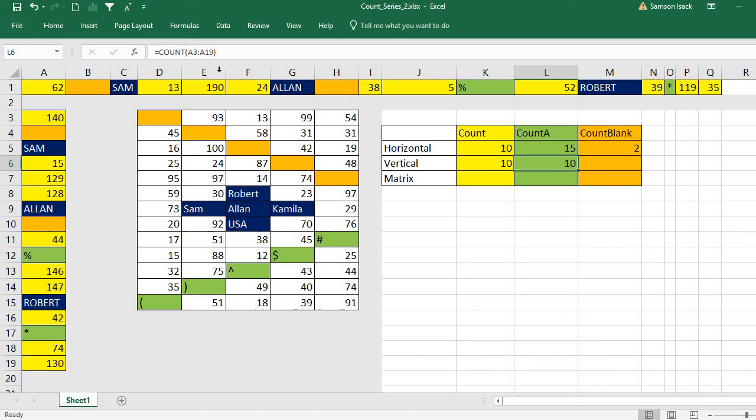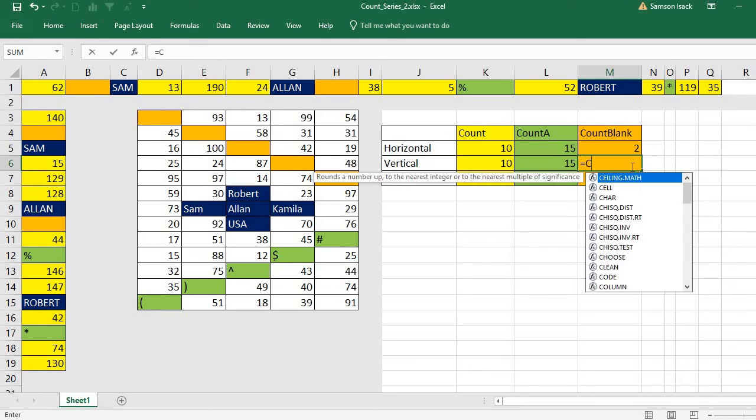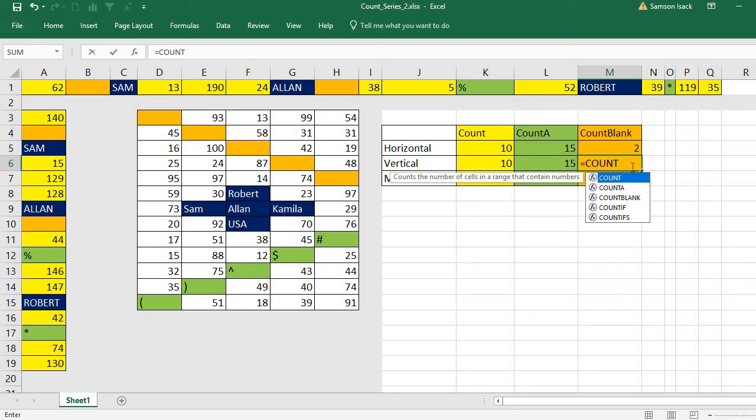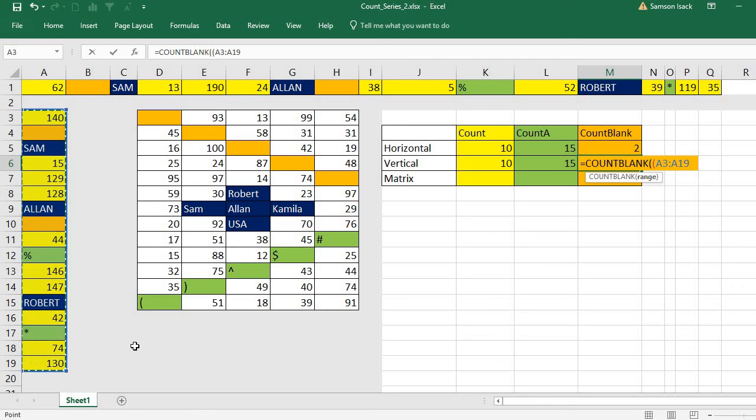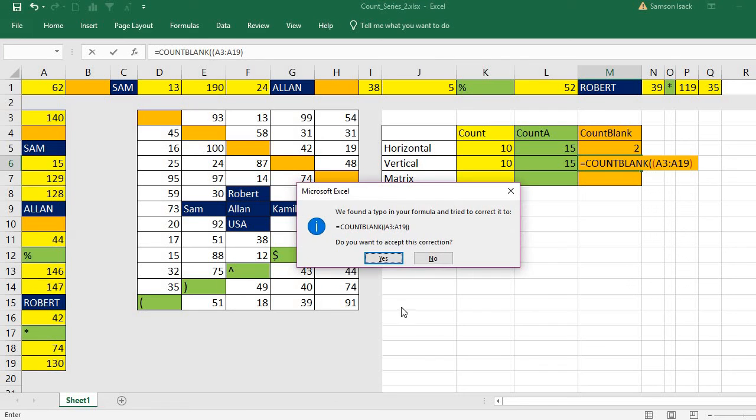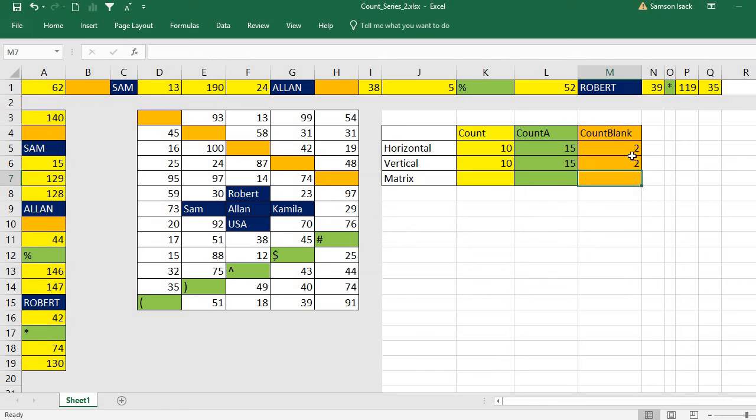Sorry, I just put CountA. 15 non-blank cells. Similarly for CountBlank, for the same range, which is 2 blank cells in orange, 1 and 2.